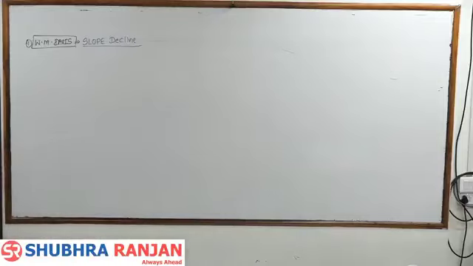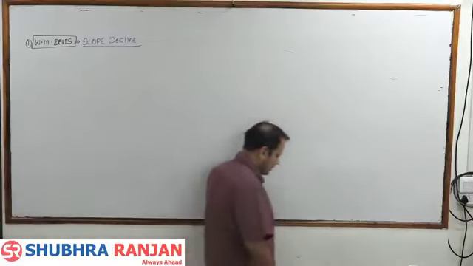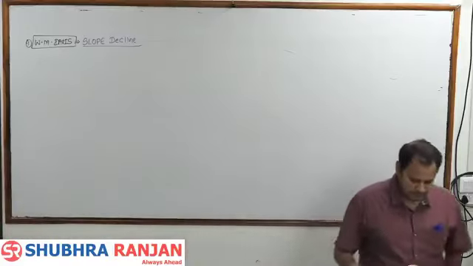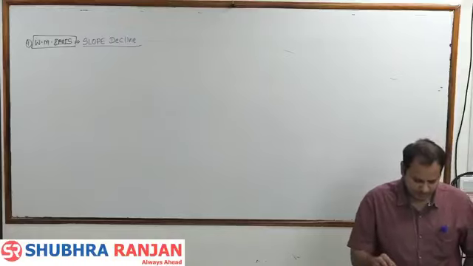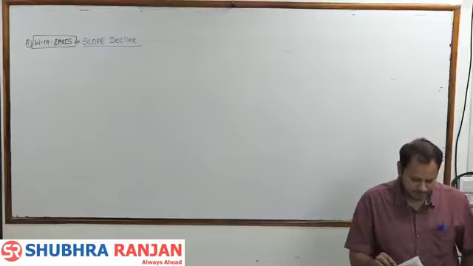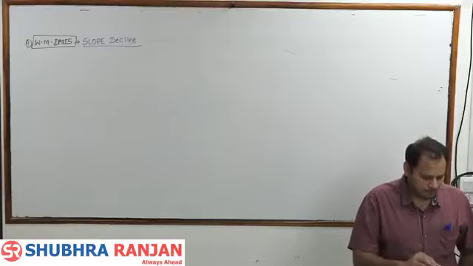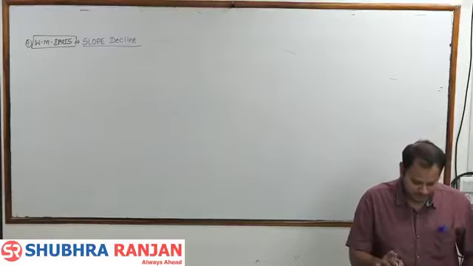Second assumption: based on the stage of erosion, in brackets time, stage of erosion means time, the shape or the form of the slope changes.